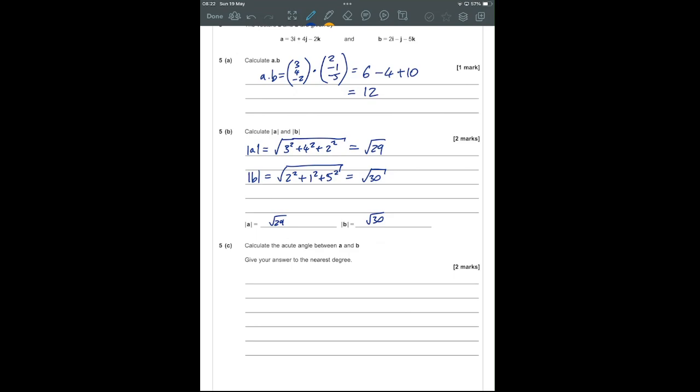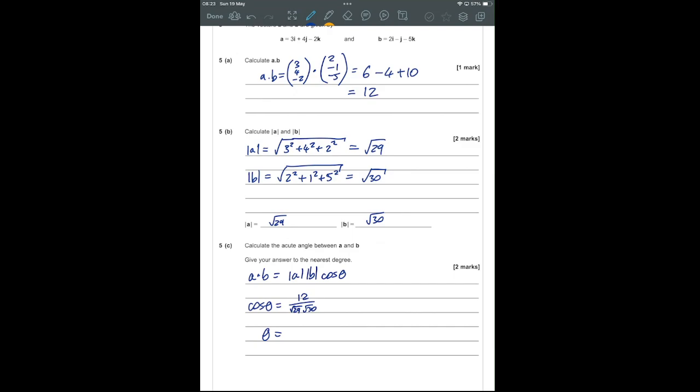So then we want the acute angle. Well, A dot B equals mod A mod B cos theta is the other form of the dot product. So therefore cos theta equals A dot B over mod A mod B. And we just need to cos inverse that. Calculator says nearest degree, so I'm going to change my angle in my calculator to degrees, and then it's cos inverse of 12 over root 29 root 30.